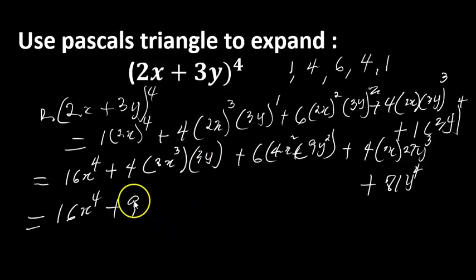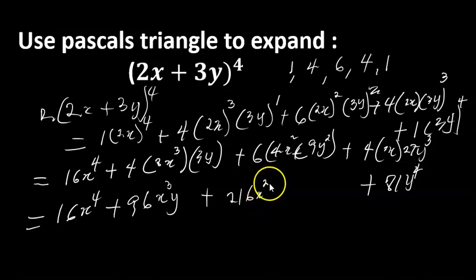This becomes 96x raised to power 3 times y plus 6 times 4, that's 24, times 9, that's 216. 216x raised to power 2, y raised to power 2.